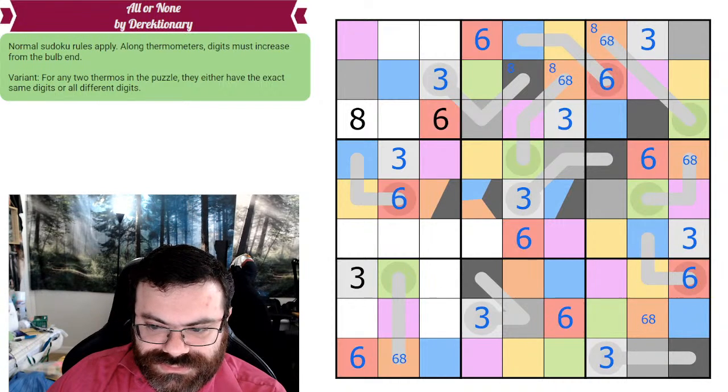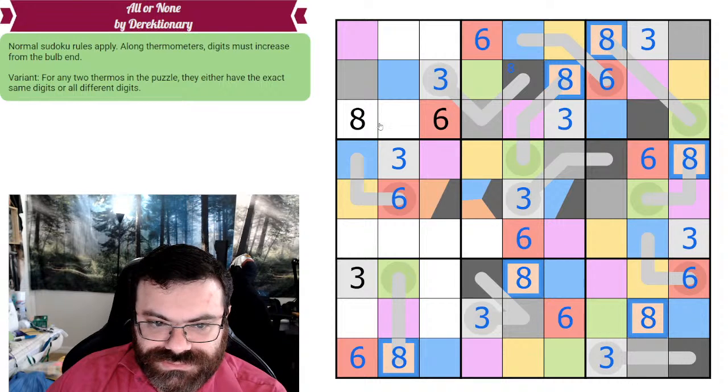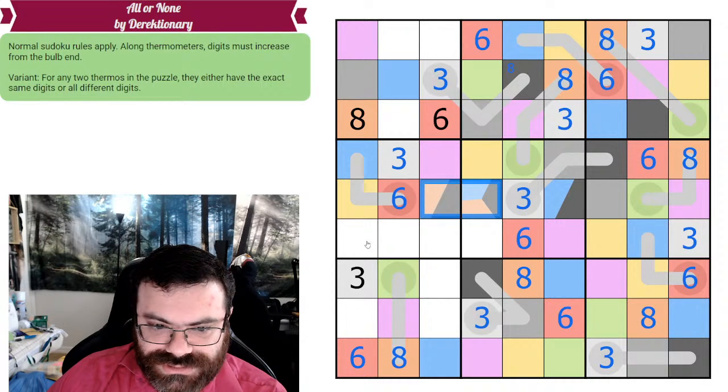Red is 6. That's quite limiting. That means orange is 8. So that's orange. I guess one of these two is an 8.